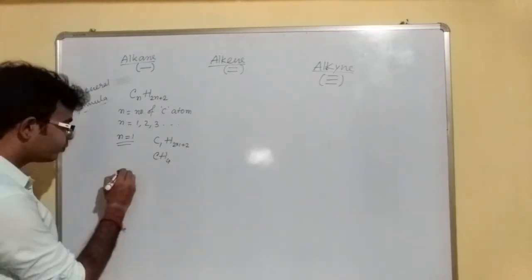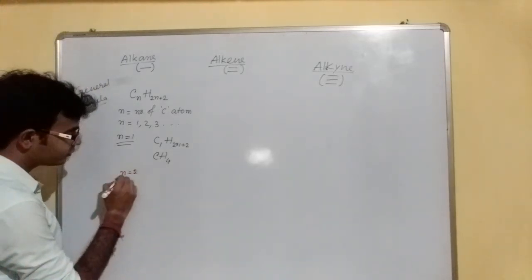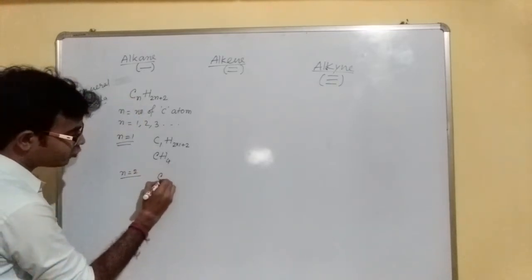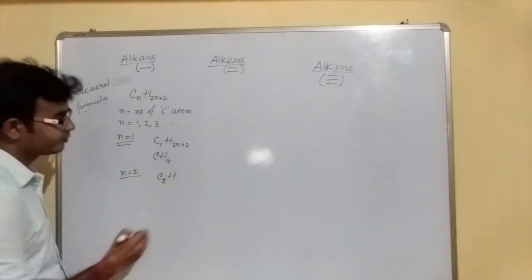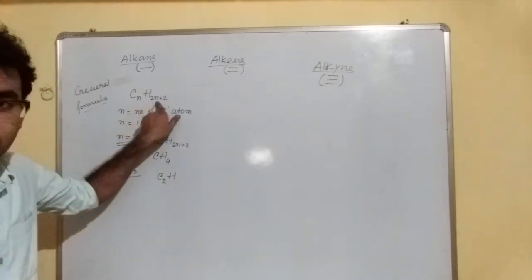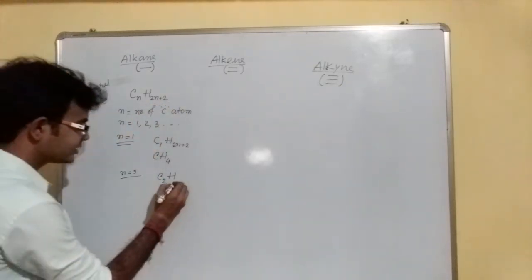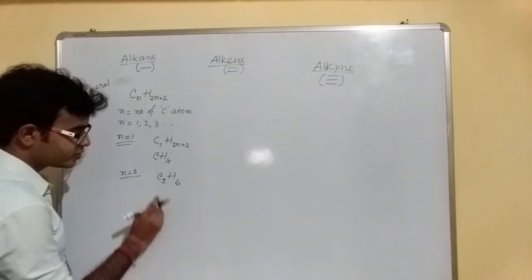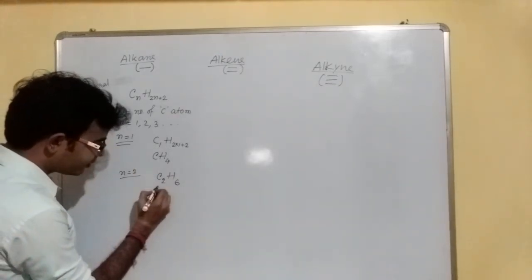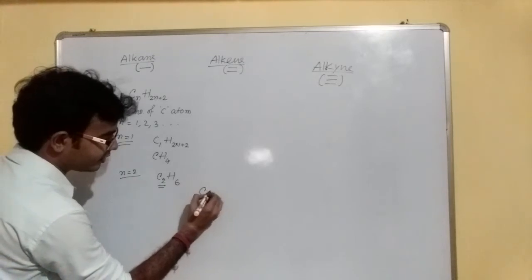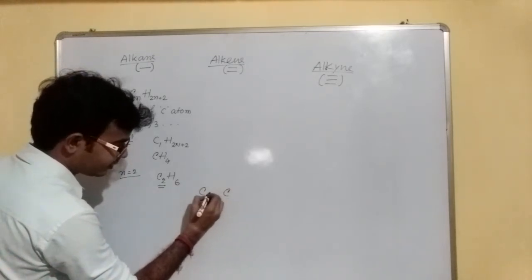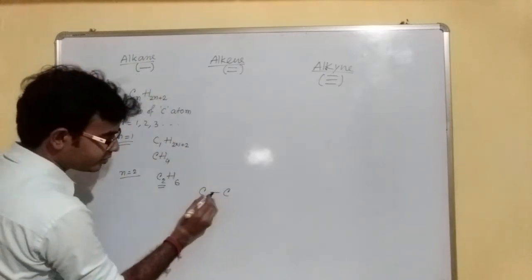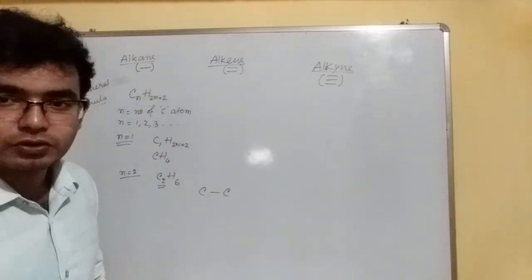Okay, if we put n equal to 2, what will it be? It will be C2H, देखो क्या होगा? 2 2s are 4, 4 plus 2, 6, C2H6. अगर इसका हम लोग स्ट्रक्चर बनाएंगे तो देखो यहाँ पे दो कार्बन एटम्स आते हैं, 1, 2, and this one is alkane, means only single bonds will be there. सिर्फ इसमें सिंगल बॉन्ड होंगे.